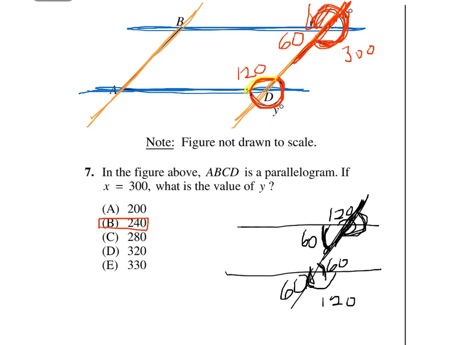Now I said a lot of this angle, blah, blah, blah. So I'm going to trace back through that with the pointer. The entirety of the upper right was 300. The portion in red was 180.